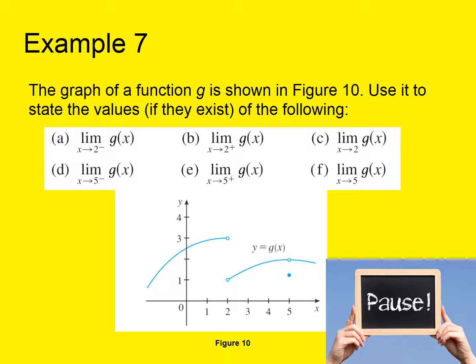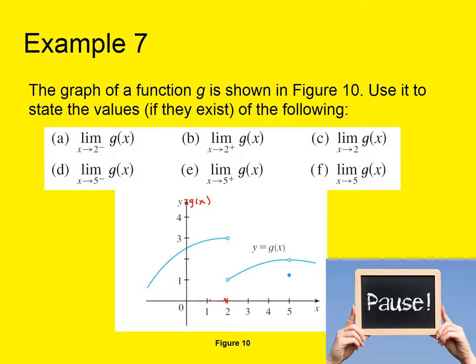Okay, for A, they're asking for the limit as x approaches 2 from the left of g of x. So x is approaching 2 from the left, and here's y equals g of x.